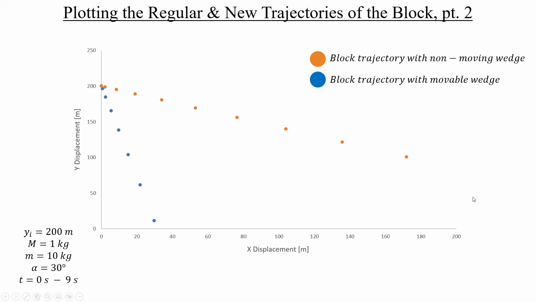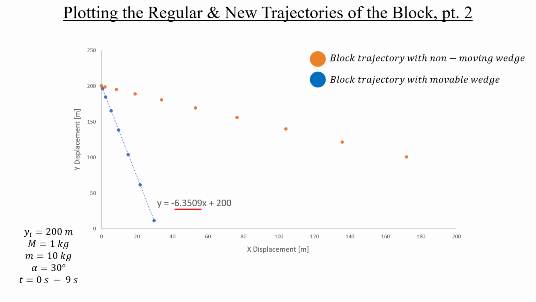One last thing to be sure. I've told Excel to give me the trend line of our trajectory with the movable wedge, okay? This down here. And I want to focus specifically on the value of the slope right here.